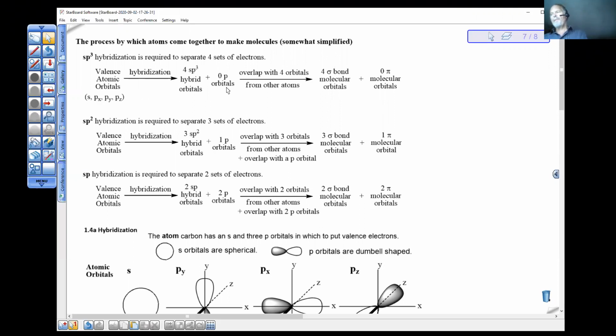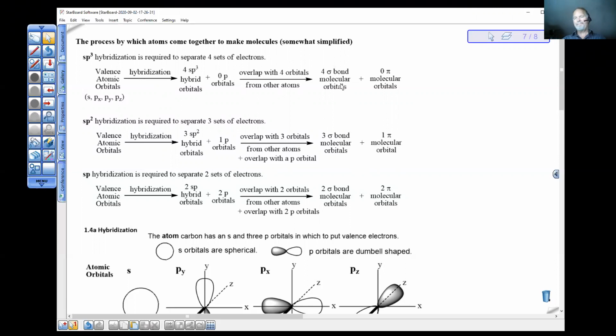And you have no more p orbitals left over because you used them all. And now you're going to overlap these hybrids with other orbitals from other atoms, and you're going to make sigma bonds. So hybridization is used to make sigma bonds, is what we know about hybridization so far.